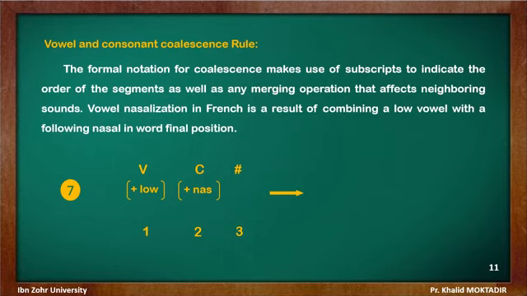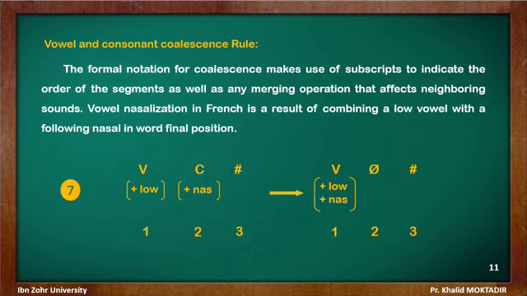Now, what happens is the low vowel and the nasal consonant will merge into one single segment, and this will give us the following results. The vowel becomes plus low, plus nasal, and the nasal is dropped, and this happens in word final position.